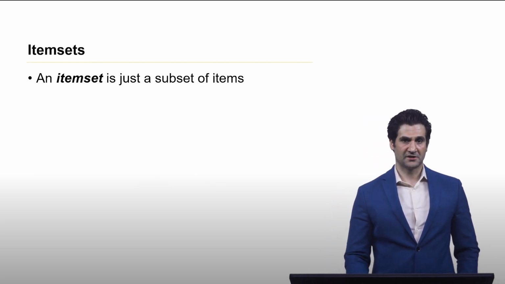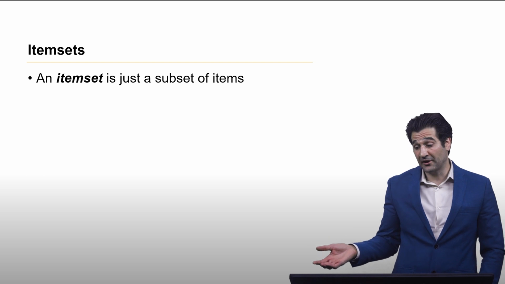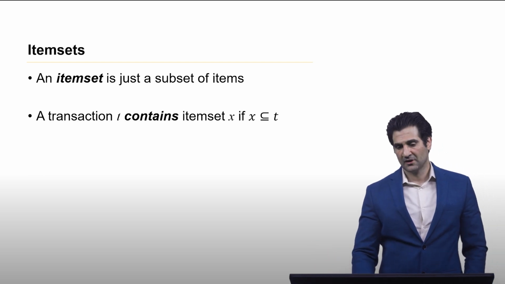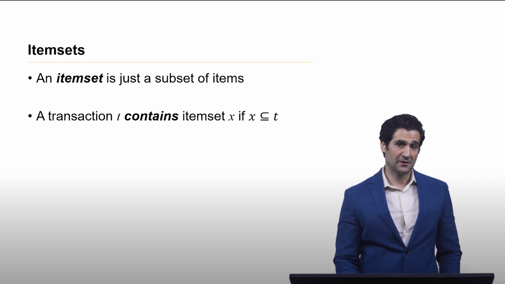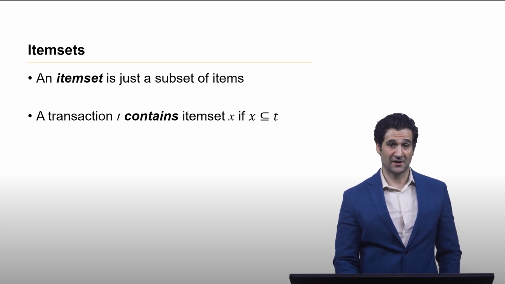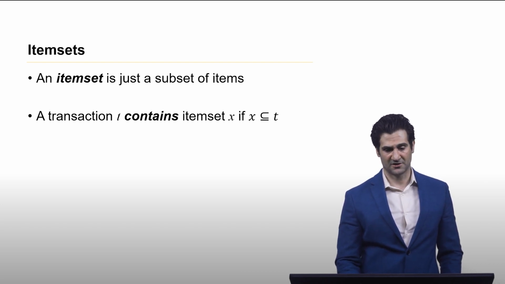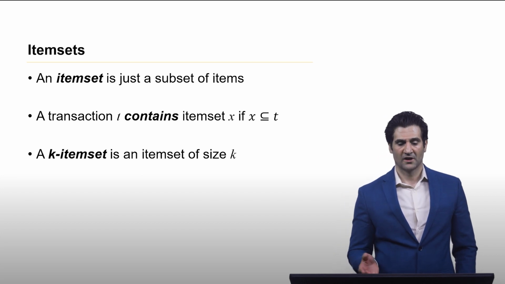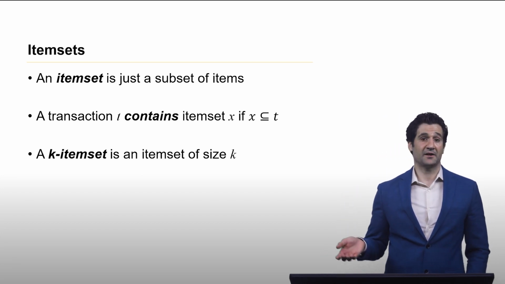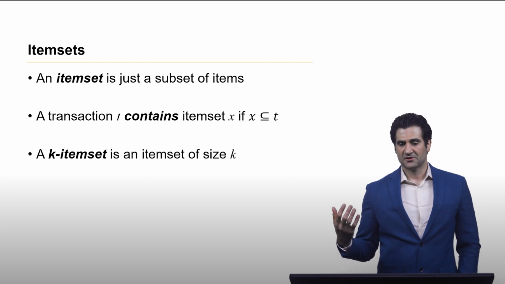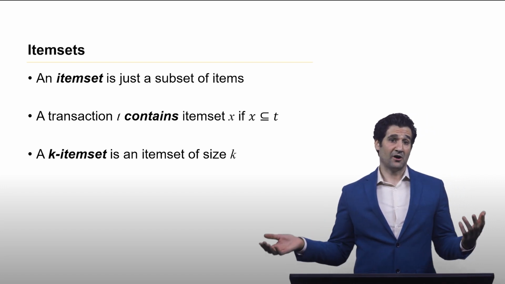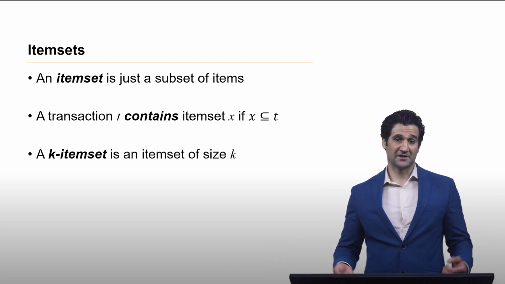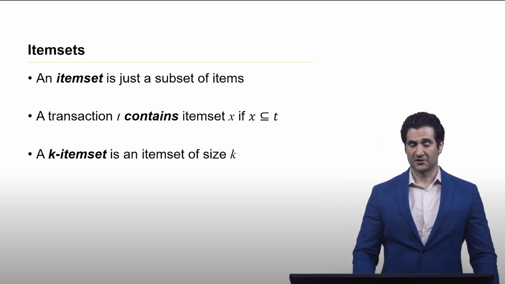So an item set is just a subset of items. And we say a transaction T contains an item set simply if that item set is a subset of the transaction. And a K item set is just an item set of size K. So this is a very simple mathematical setup. All you really need to understand is some basic set theory in order to grasp it.